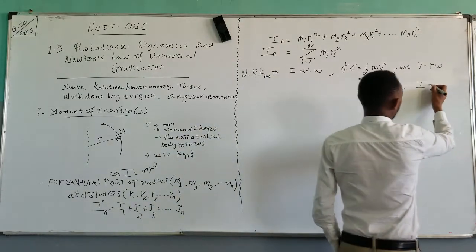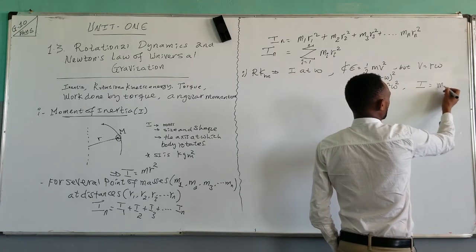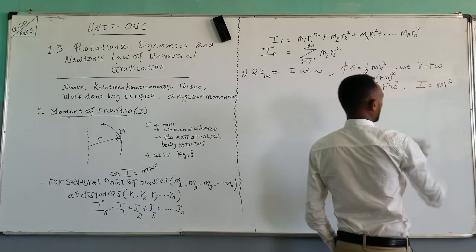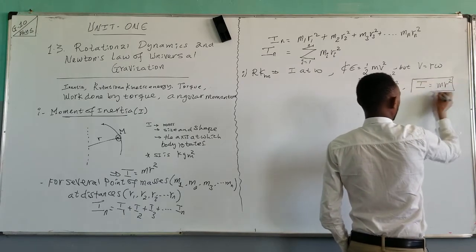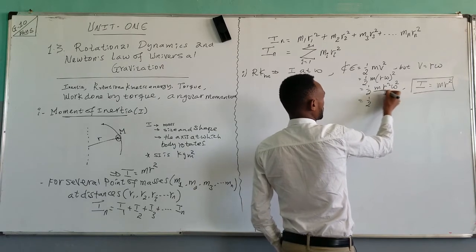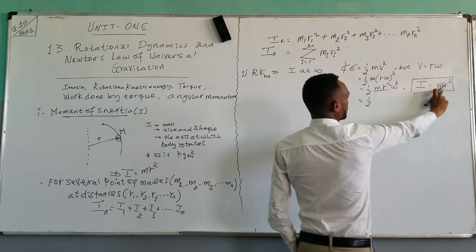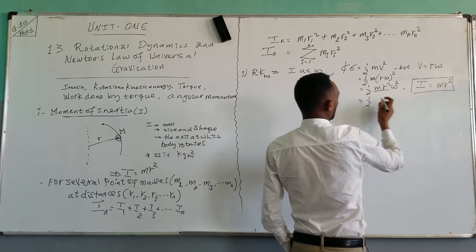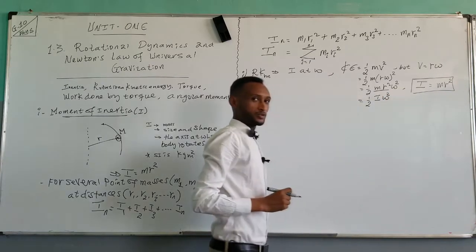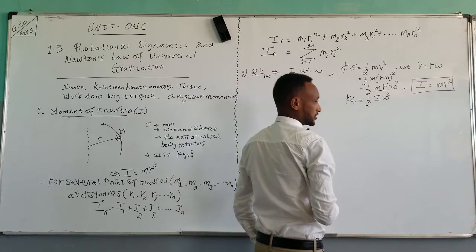You know that moment of inertia is mass times the distance at which the object rotates, squared. Then you can replace it in this one: half of the moment of inertia of the body times angular velocity squared is the rotational kinetic energy.